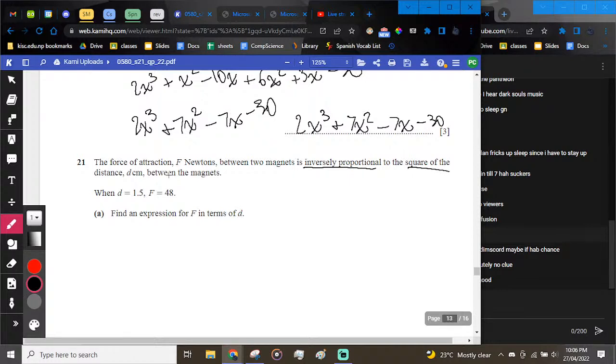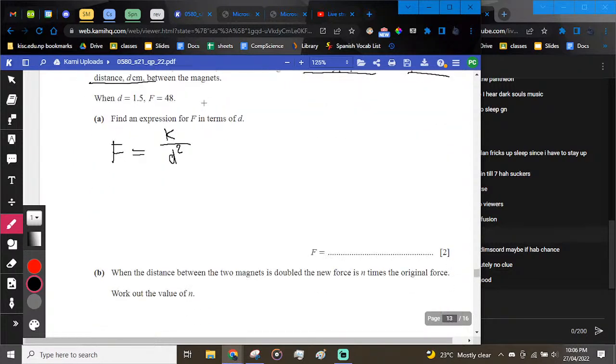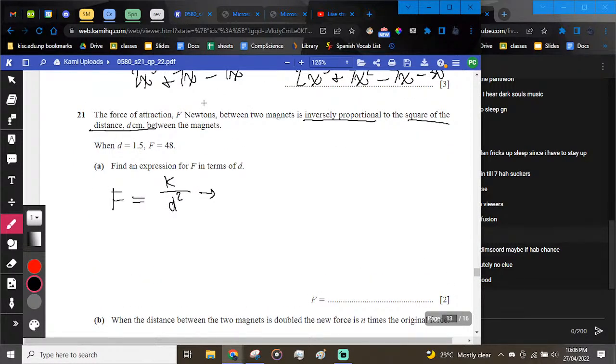Inversely proportional to the square of the distance. F is inversely proportional to the square of D. Now I can find K by substituting in the values. 48 equals K over 1.5 squared. 48 times 1.5 squared equals K. K is 108.